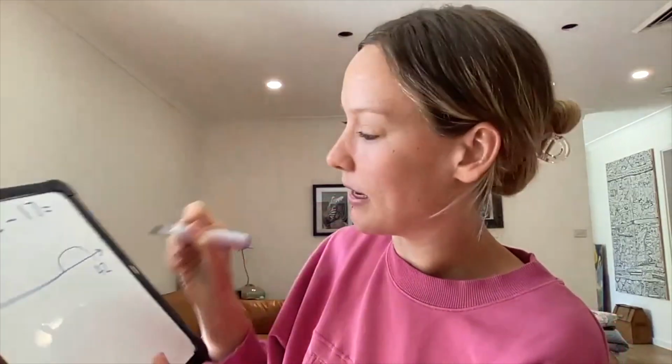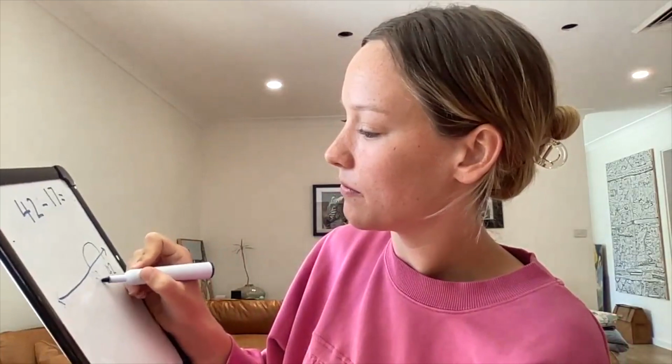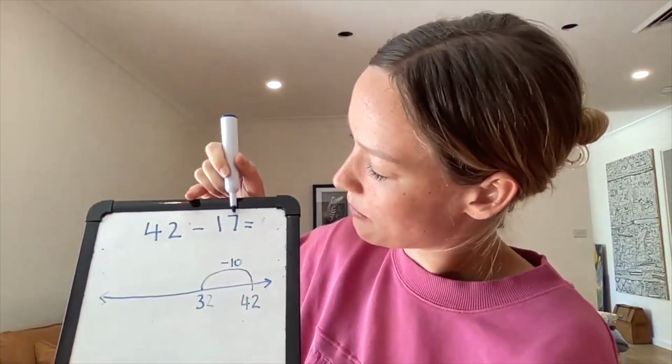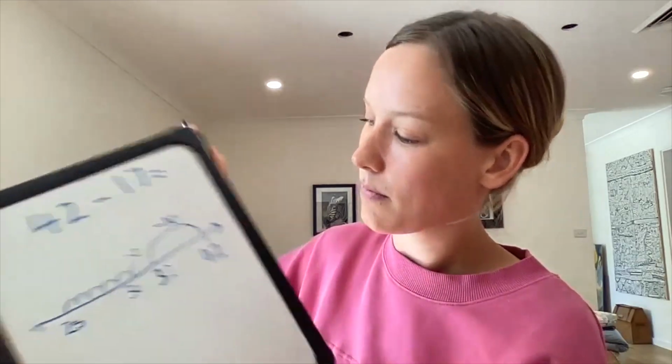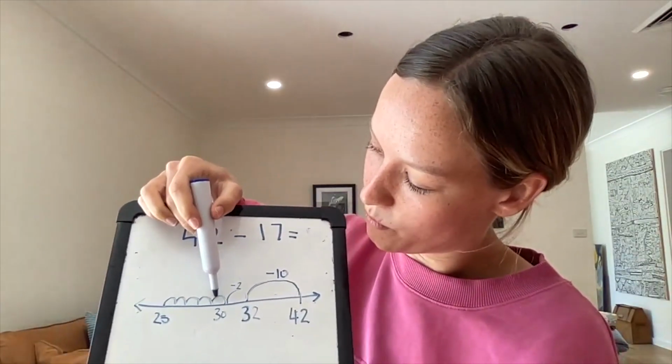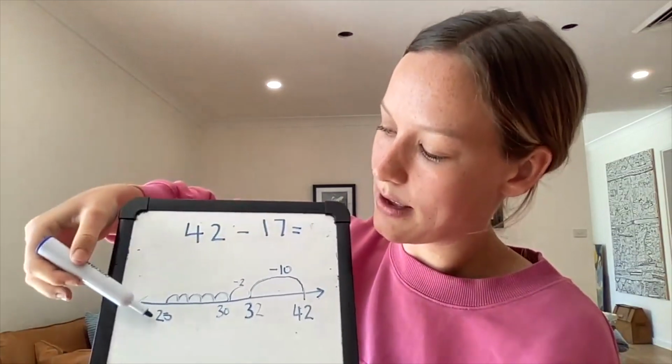And that's going to give me 32. Take away 10, I've got 32. Then I'm going to jump back 7. I took away 2 to get me up to 30, and then I took away 5 more. 1, 2, 3, 4, 5. And that left me with an answer of 25.